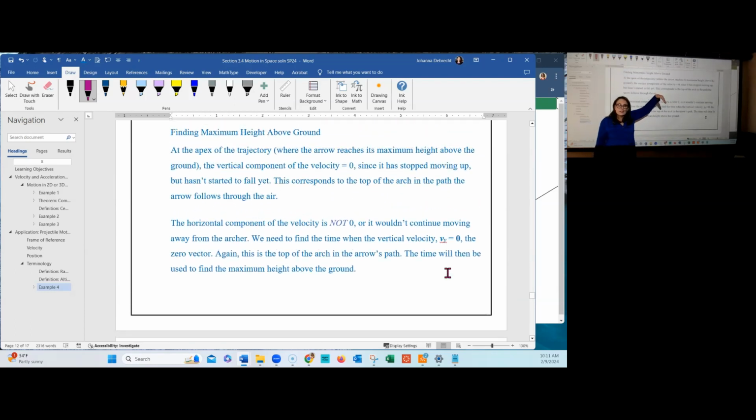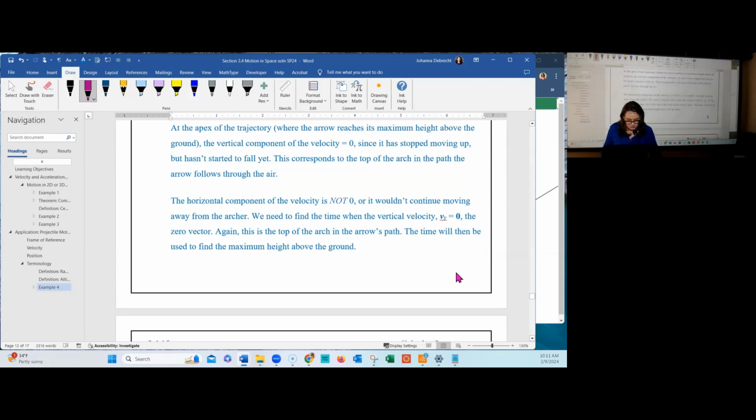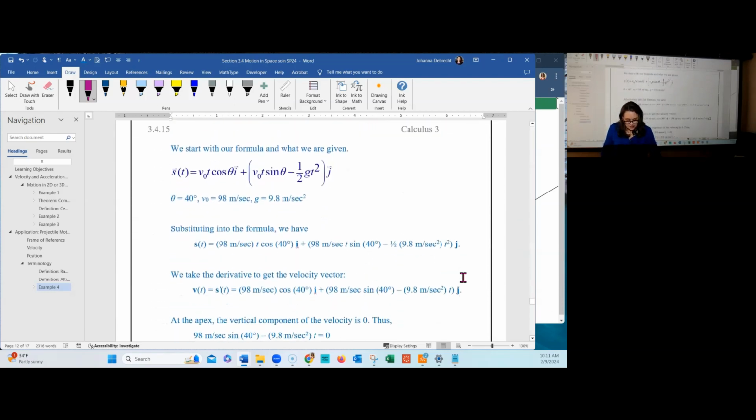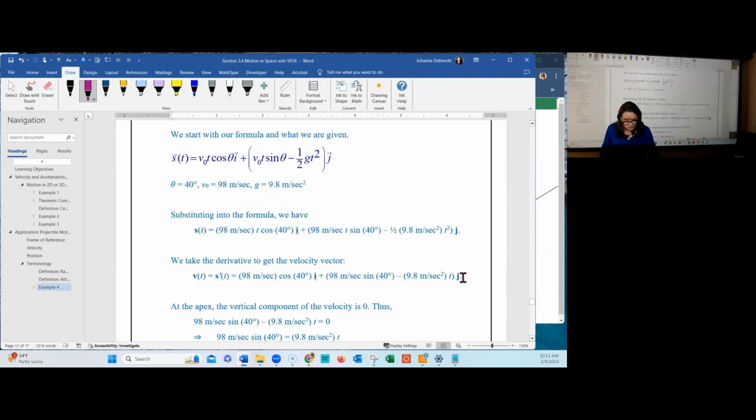And we know when it reaches the apex that at that one instant in time, it's not moving vertically, which means that the y component of the velocity at that one instant must be 0. And that's what's going to let us find it. So we start with our formula of what we were given.